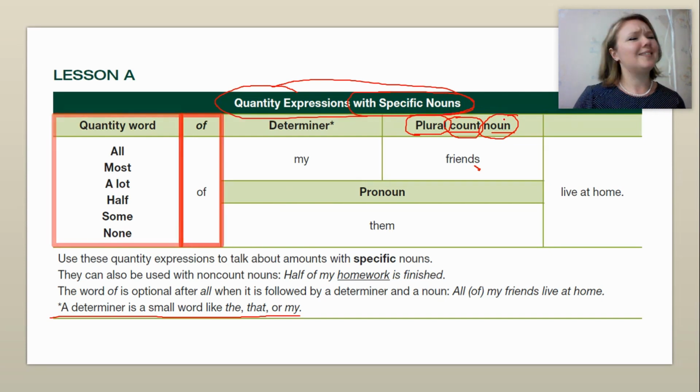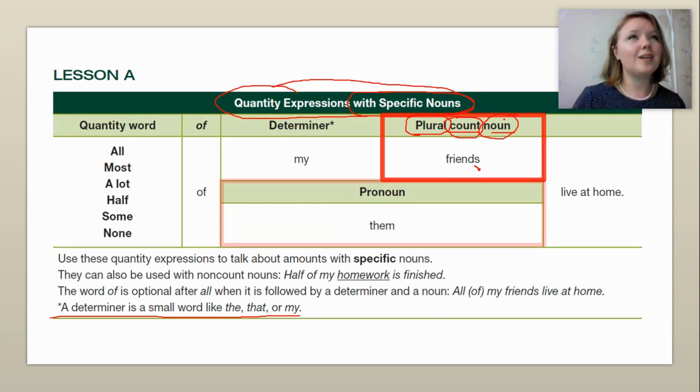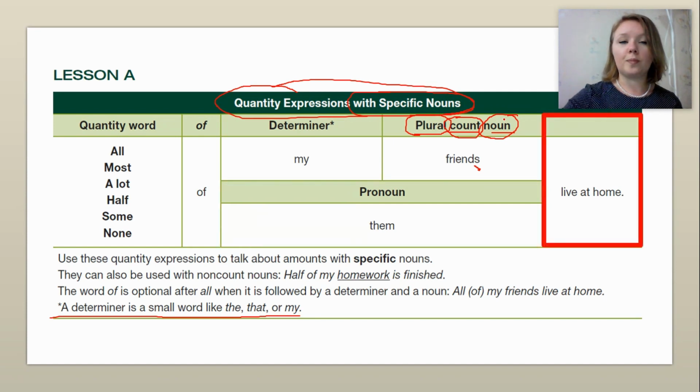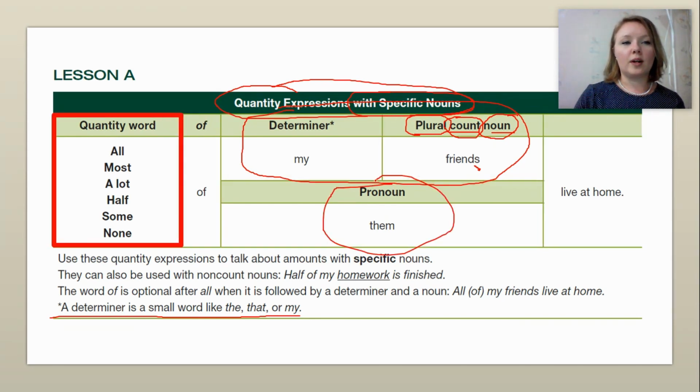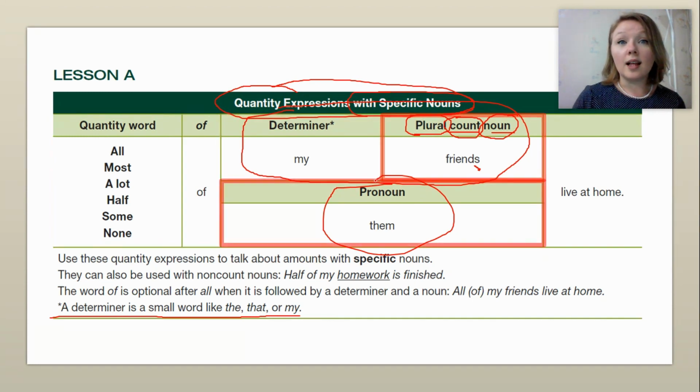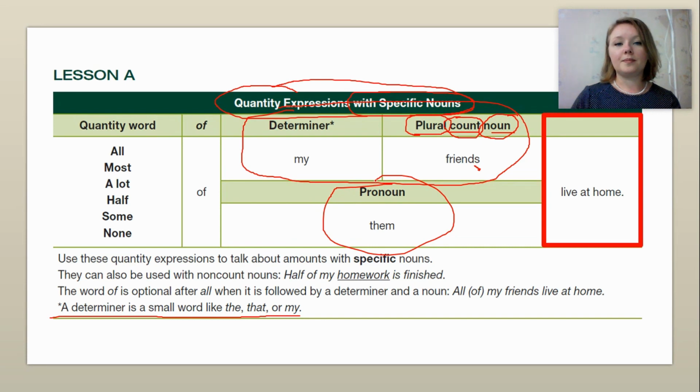I could say none of my friends, or none of them, live at home. So we can use our determiner and noun, my friends, the students, and so on, or we can use a pronoun like them, right? So let's try one more example. A lot of my friends, or a lot of them, live at home.